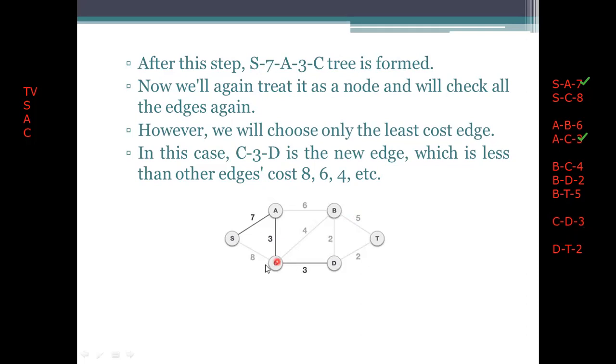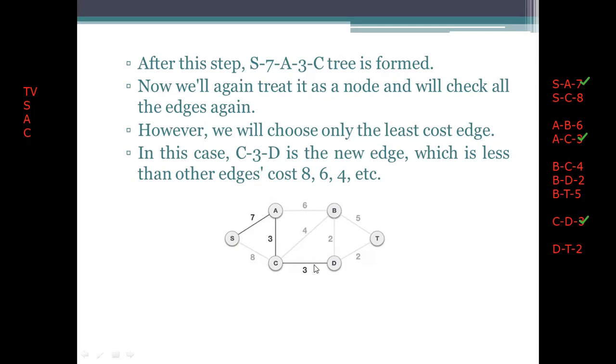We can mention it as C to B here also, but this is also mentioned at C, that is B. So there is no need to mention again and again here. So the chosen one will be 3. And then 8, 6, 4 will be there. So here it's S, then 8 is there and then next 4 is there.